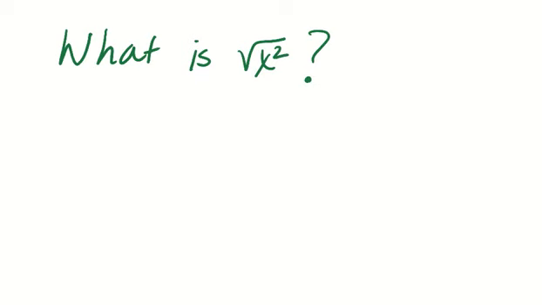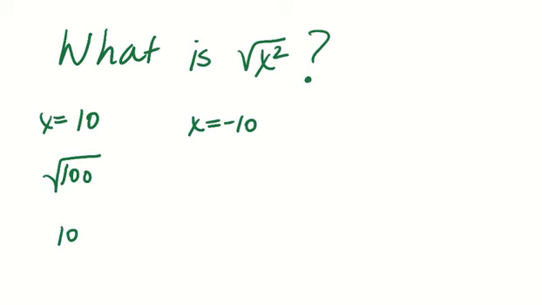Sometimes, but not always. Okay, so let's try some numbers. Let's try 10 and negative 10. I'm going to square 10, and that's 100, and I take the square root of it, and that's 10.